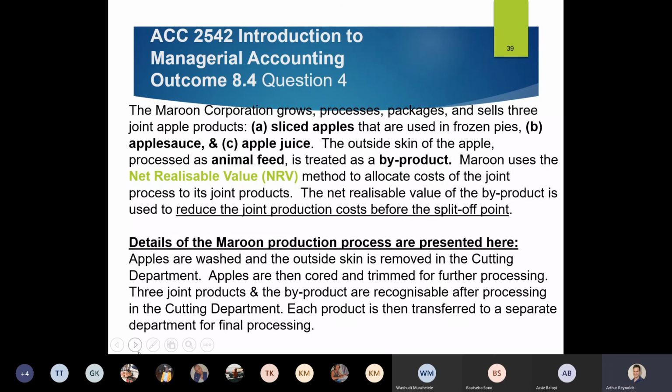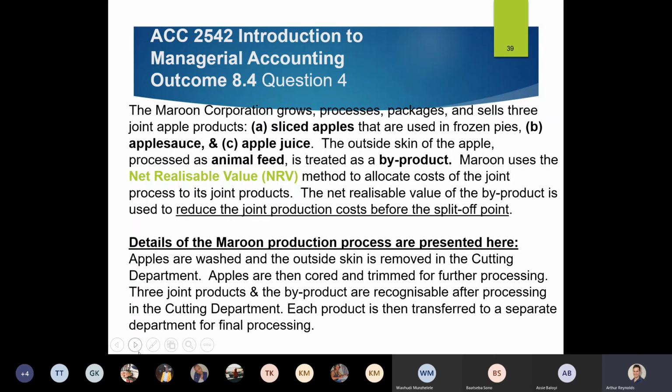The apples are washed and the outside skin is removed in the cutting department. So this first step is the joint process, because everything that comes from these apples, the sliced apples, the apple sauce, and the apple juice, as well as the outside skin, which is the byproduct, comes from this step in the cutting department.